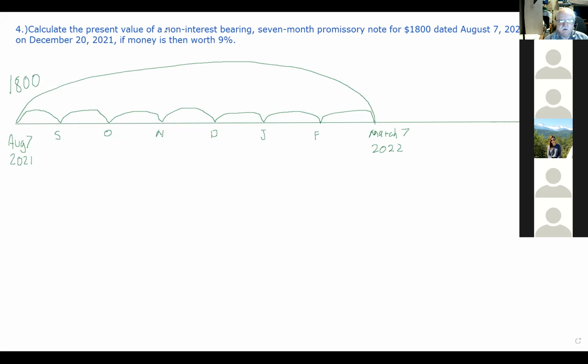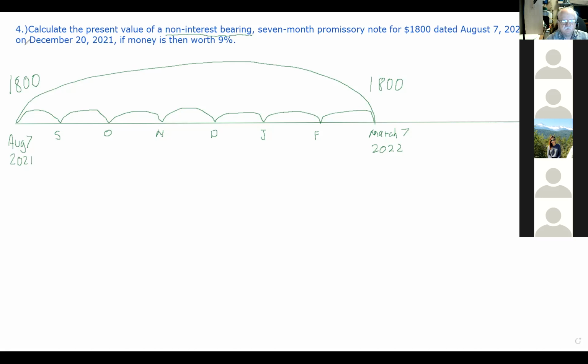But because it's a non-interest bearing note, this thing is still worth $1,800 here. In other words, someone loaned somebody else some money, but they didn't charge them any interest. That's what a non-interest bearing note would be. So we know when this thing matures on March the 7th, it's worth $1,800.